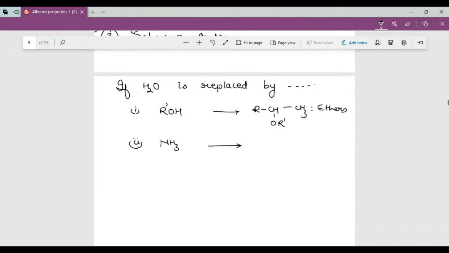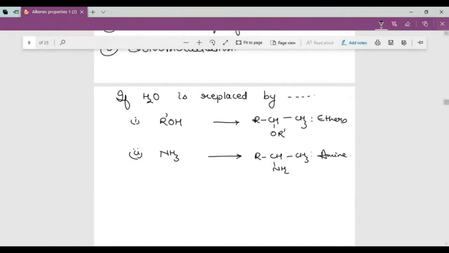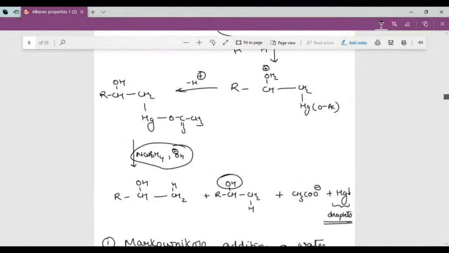If you use ammonia, then RCHNH2CH3, an amine, is formed. If you have halogens over there, you will have alkyl halide and so on. So solvomercuration changes the product.